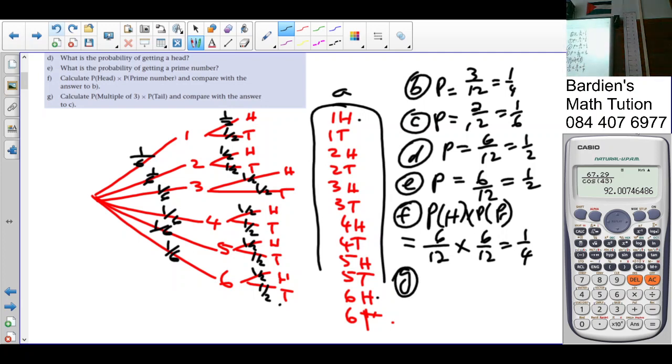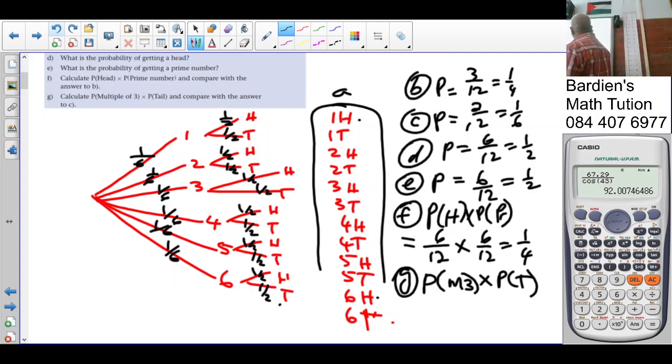And G, calculate the probability of the multiple of 3 times the probability of it being tails. So the probability of the multiples of 3, did we work that out already? What is it?